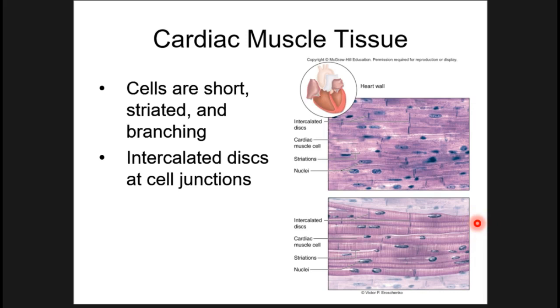All of this tissue is going to contract at the same time, and then all of this tissue is going to contract at the same time. And it cannot happen any other way. If it does, we are sick. So the intercalated discs with gap junctions facilitate that cell-to-cell communication, that instantaneous communication of contract now. Contract now, contract now.